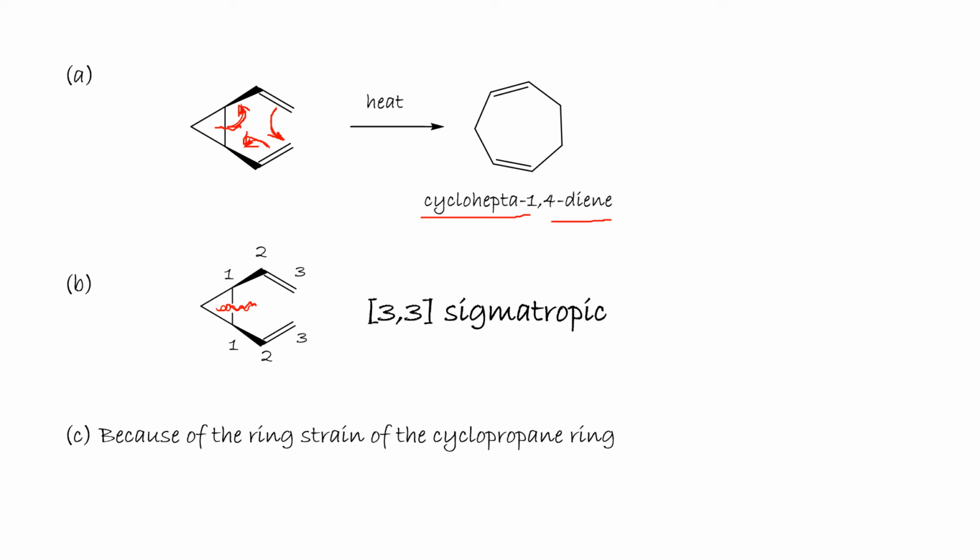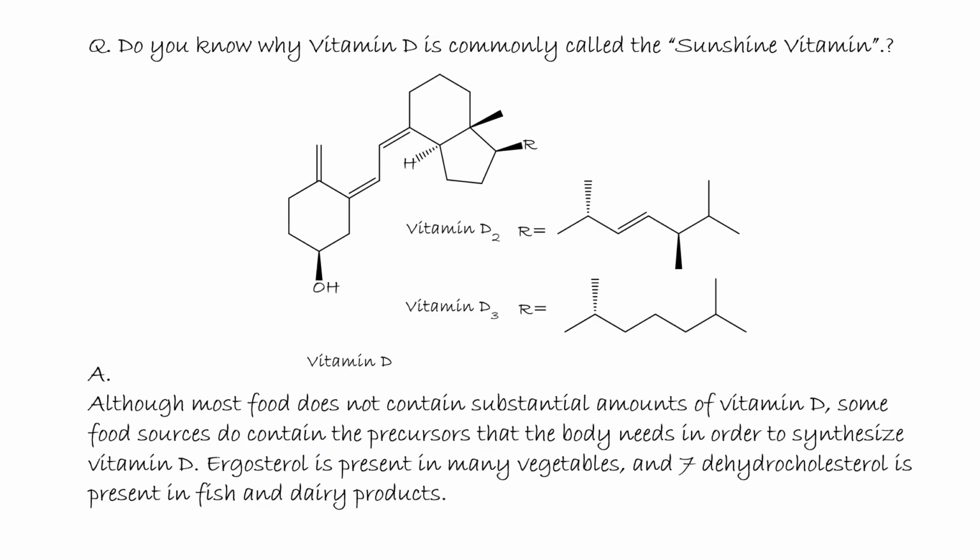And since we are breaking the cyclopropane to cycloheptadiene, which is more stable, that is a driving force because of the ring strain of the cyclopropane ring. Okay, that is the driving force for the reaction to take place.